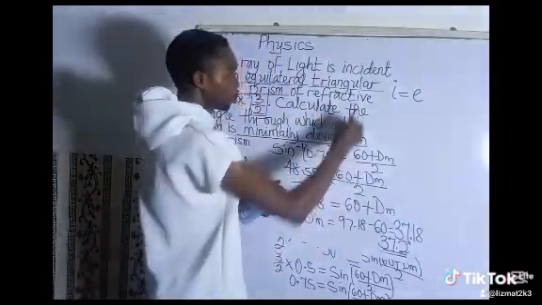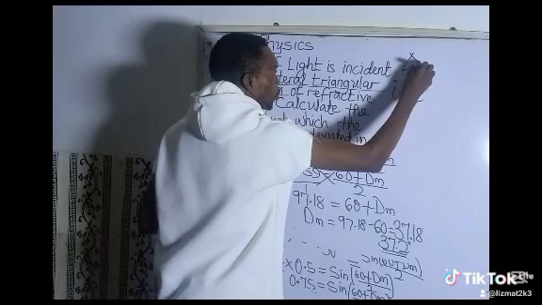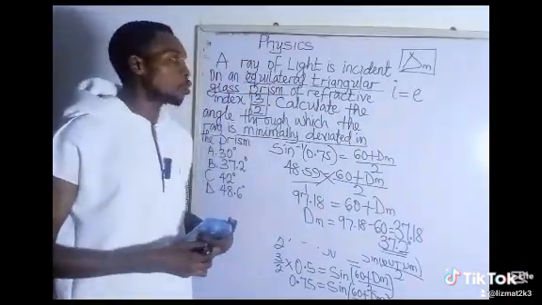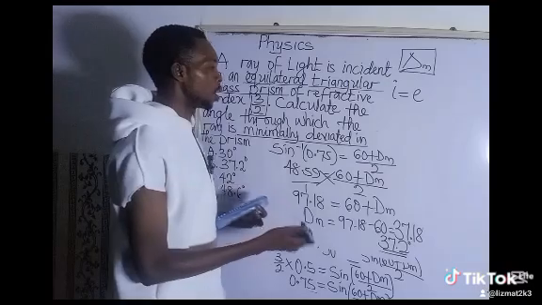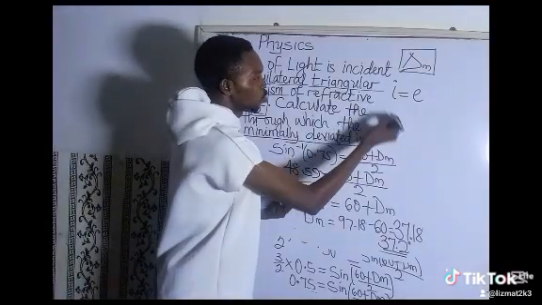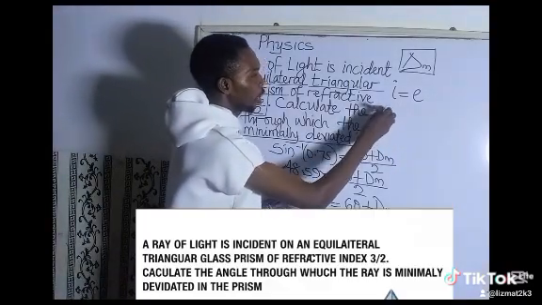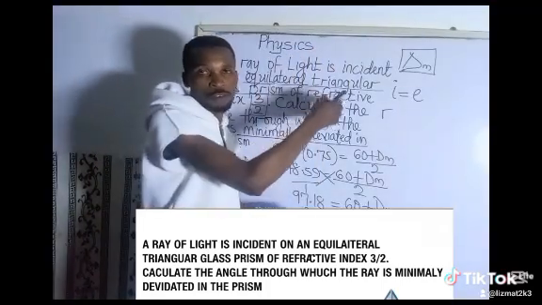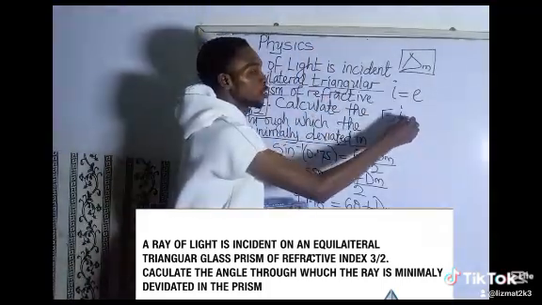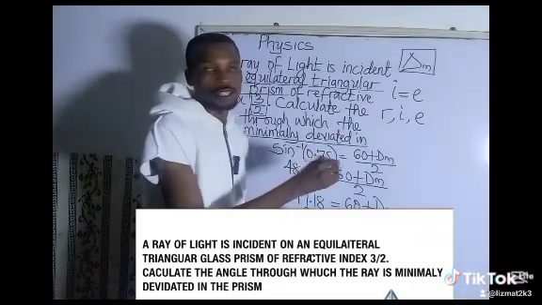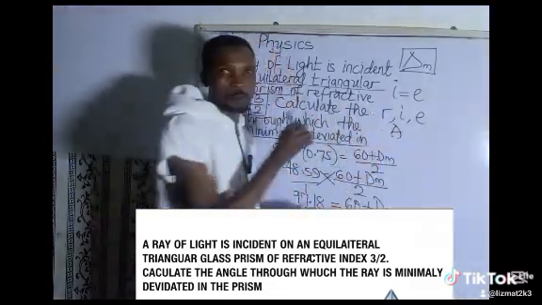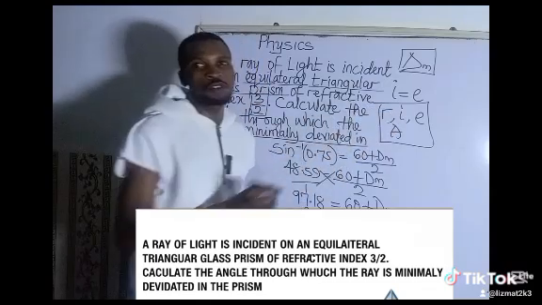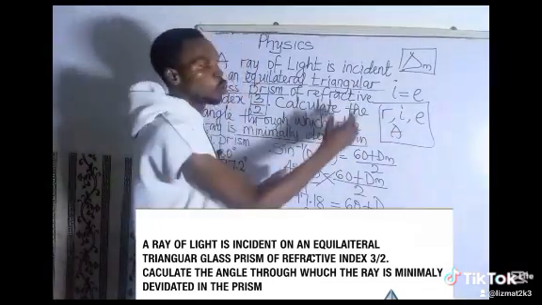That is when the angle of minimum deviation occurs. All right, I'll be doing more videos on how I can relate the angle of the prism, angle of refraction, angle of incidence, and angle of emergence with the angle of the prism. There's a relationship between all these.